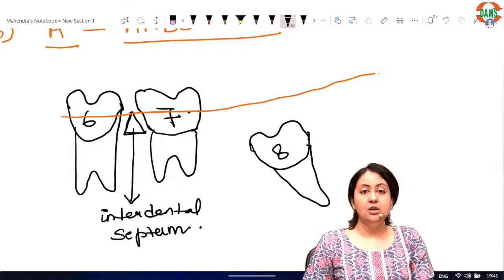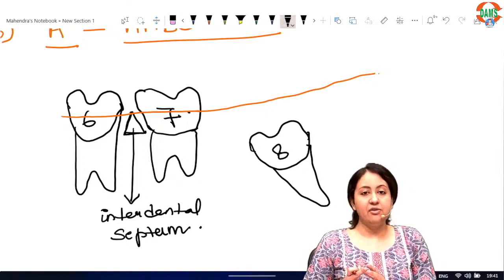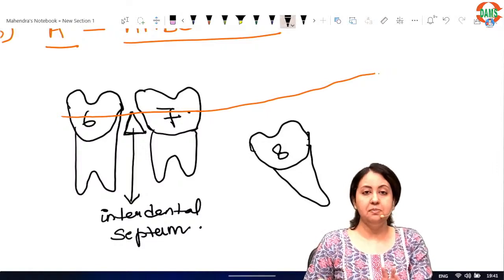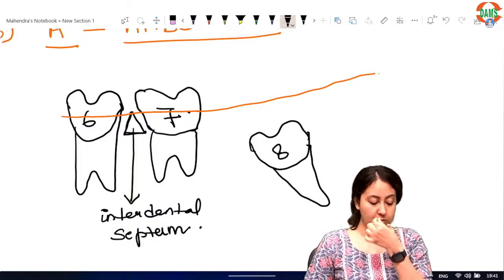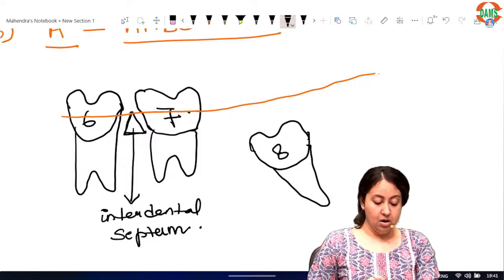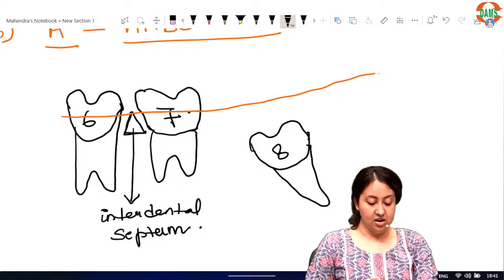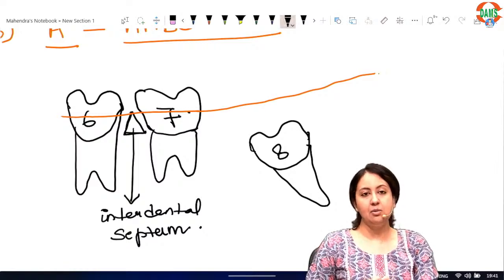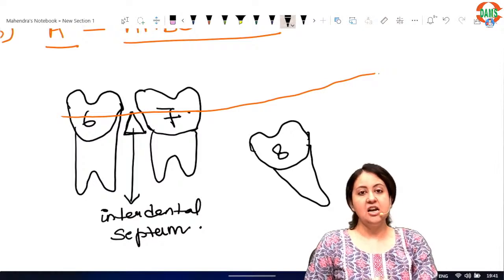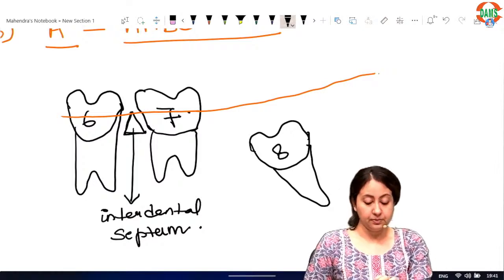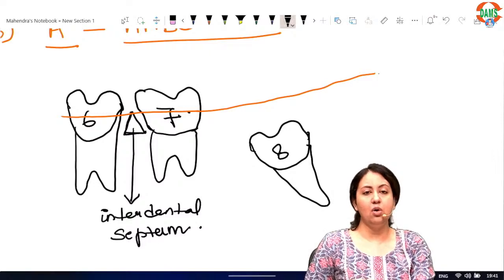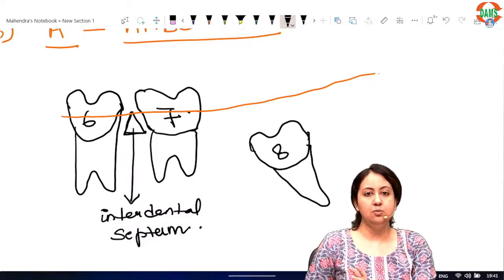Please listen carefully, this line is formed by joining the interdental bone between mandibular first and second molar and extending it posteriorly to the overlying bone of impacted third molar.